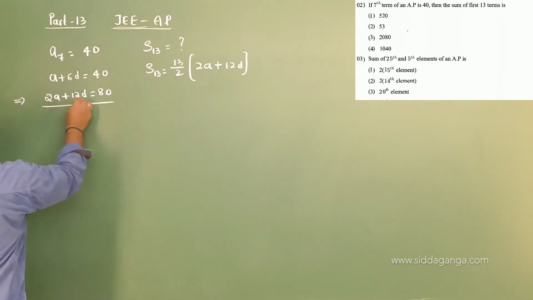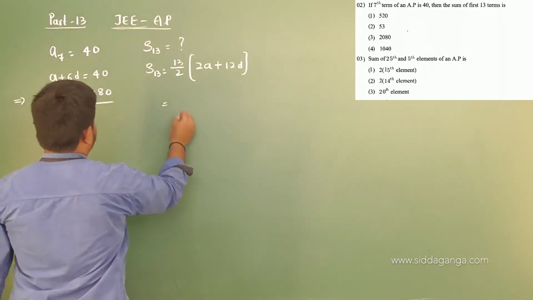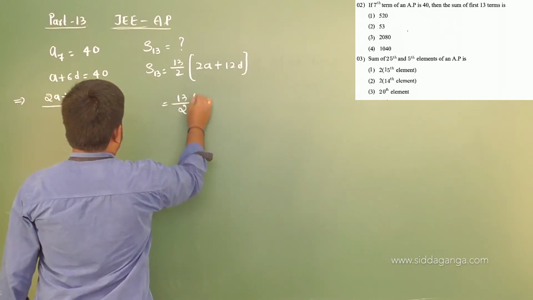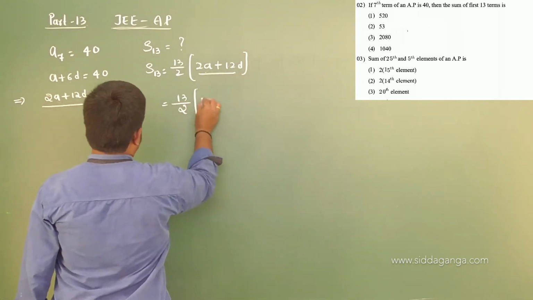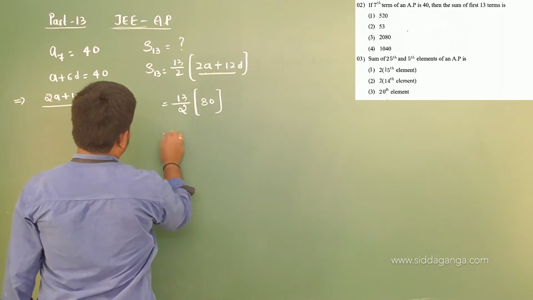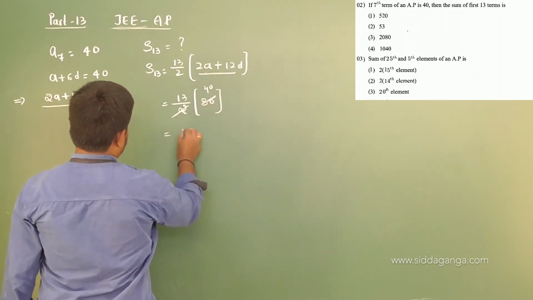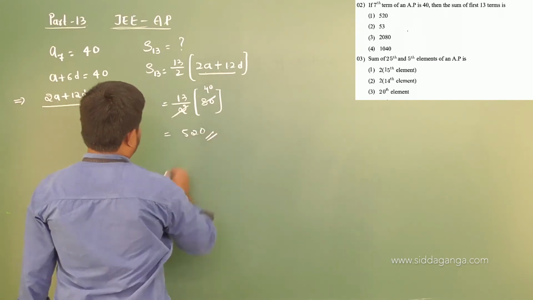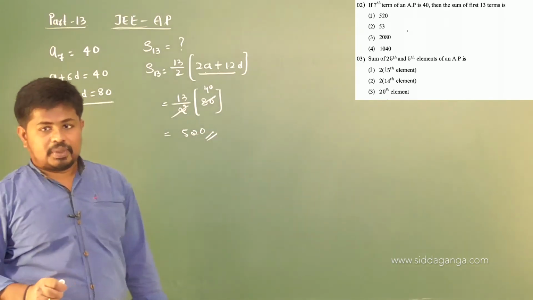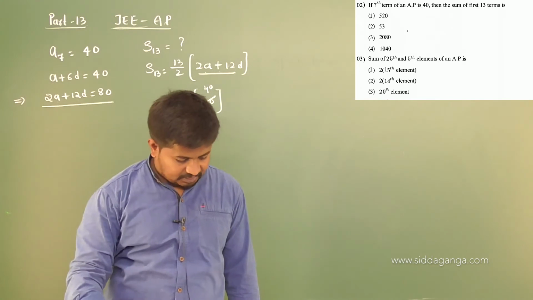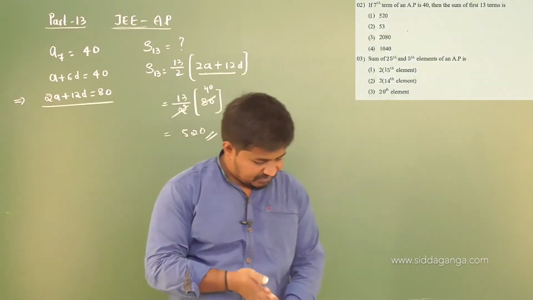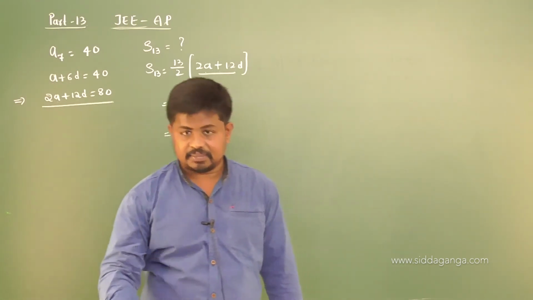Substitute the value of 2a plus 12d in that equation. You get 13 by 2 into 80, so 13 into 40, that is 520. So option first is the correct one. 520 is the required answer.